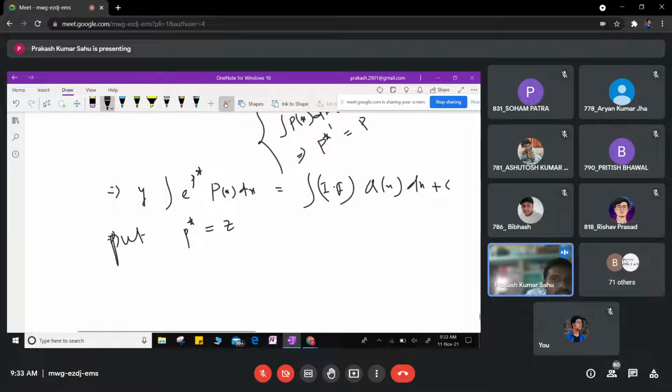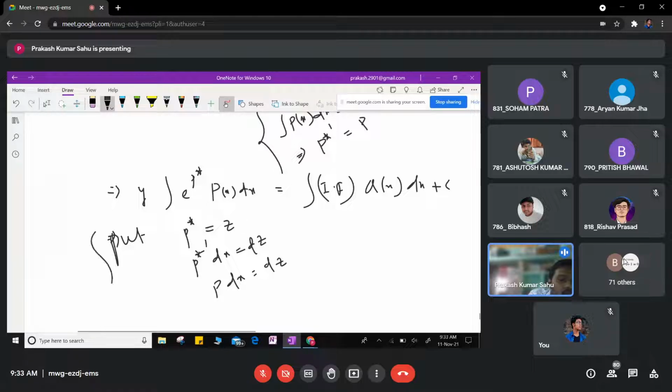If p star is equal to z, then what is the derivative? This p star dash dx is equal to dz, and p star dash क्या है? This is p, dx is equal to dz.